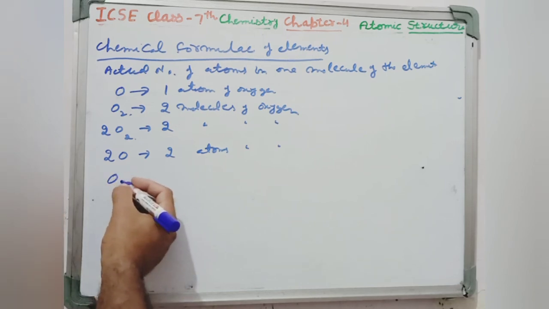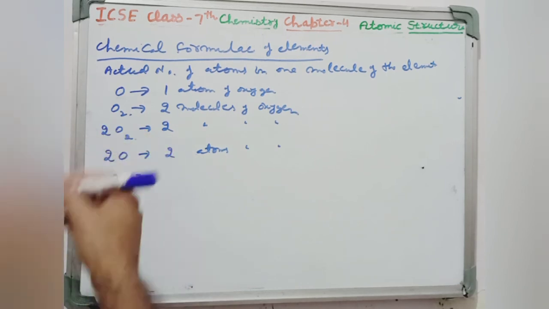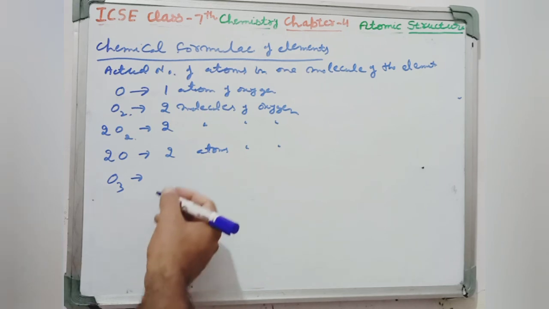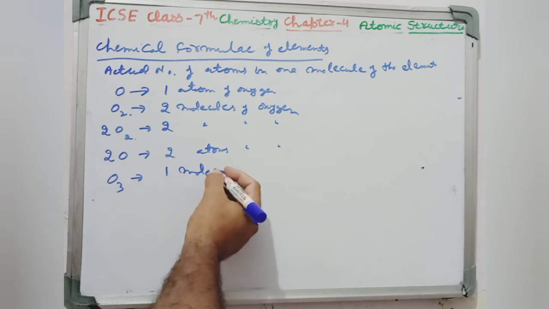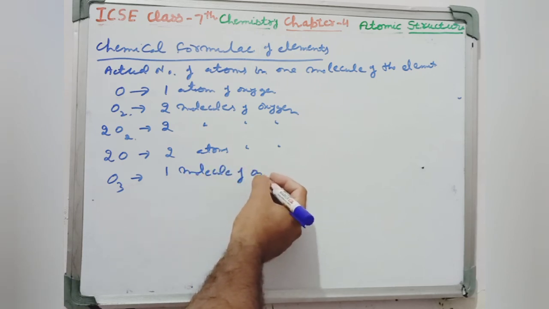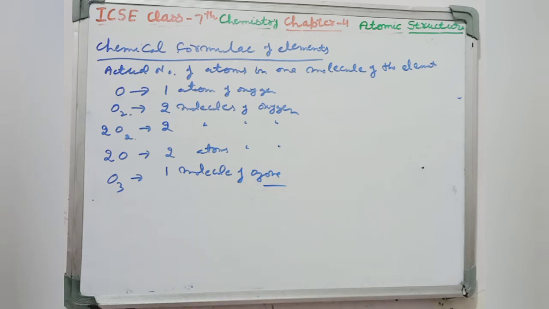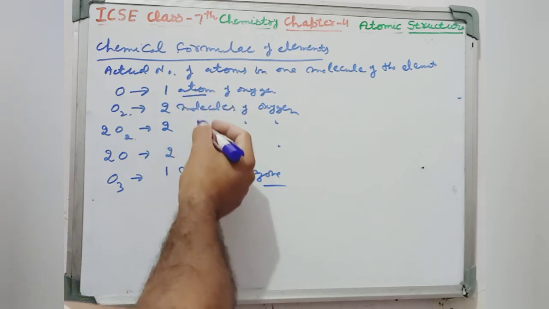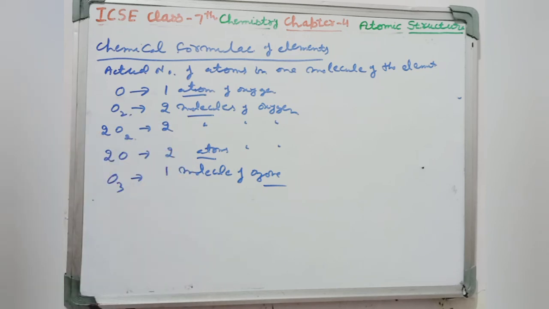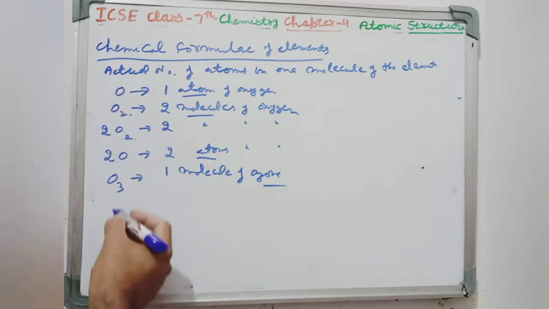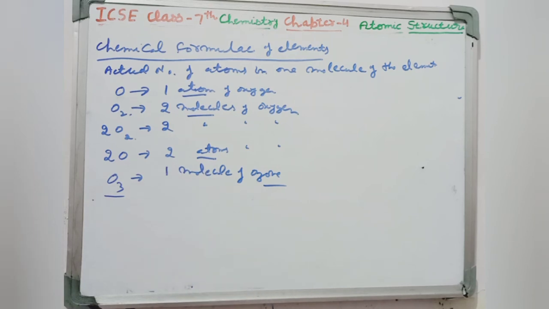If I write O3, it means one molecule of ozone. Now oxygen has converted to ozone, right? Understand the difference between how to write atom and molecule. When the formula changes, the whole thing changes.